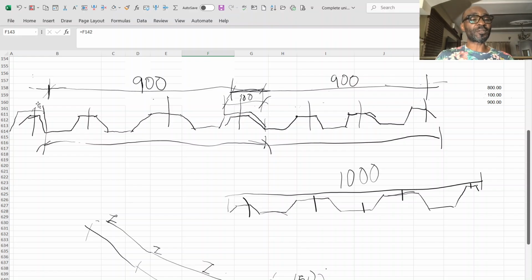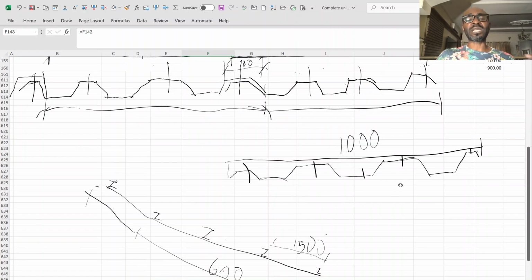Also, from this nail to this nail gives you 950, and from this nail to the other nail again gives you 950. So the effective coverage for this 1 meter roofing sheet is 950, as against the 1 meter that it came from the market with.